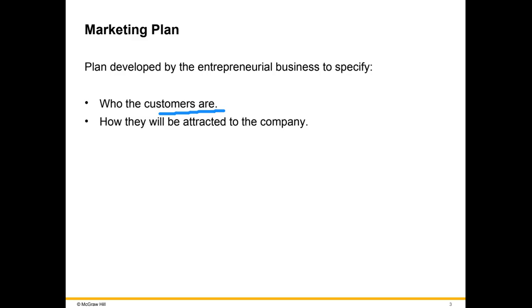So this whole phenomenon of marketing starts from identifying your customers, identifying their needs, and then developing products and services according to those needs.